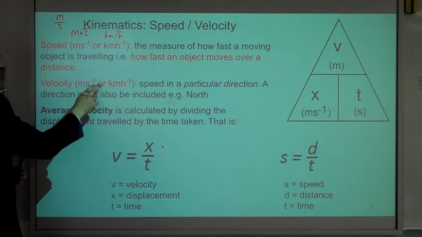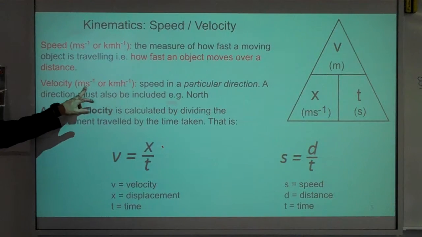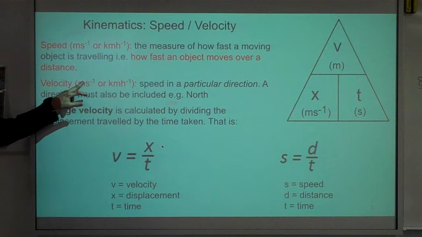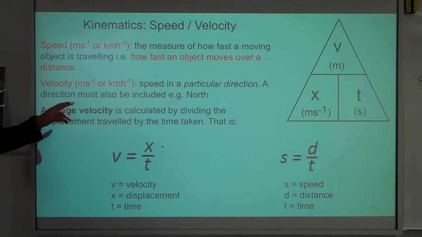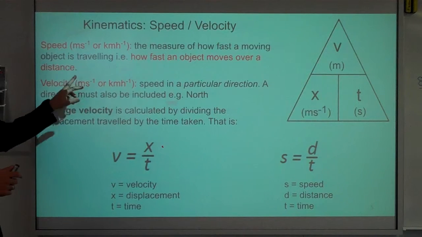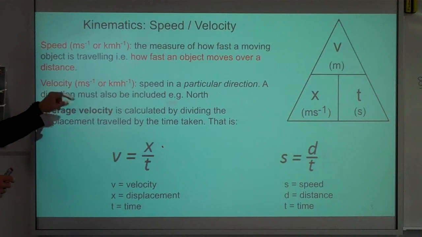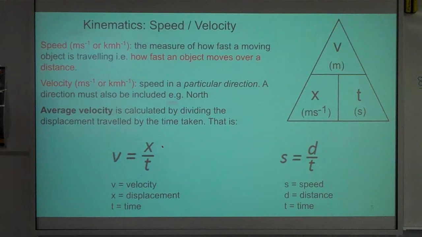The same units are used for velocity. So if you see those units in a question, what are we talking about? We're talking about velocity. The difference between speed and velocity seems minor, and it is. How fast an object is moving over a distance, speed in a particular direction. That's the key difference.